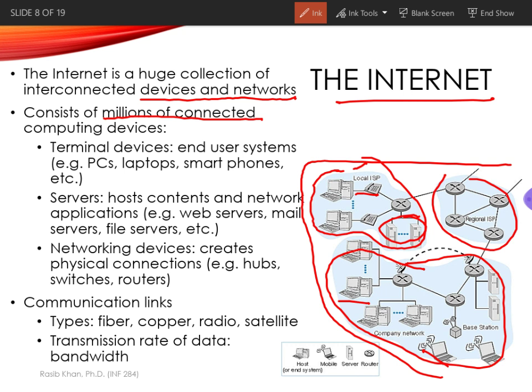The certain terminologies that you need to be aware of are terminal devices, something that we refer to as the end user systems, such as the PCs, laptops, smartphones, anything that you use to access the network. So it's basically in the hand of the users who are accessing the internet.